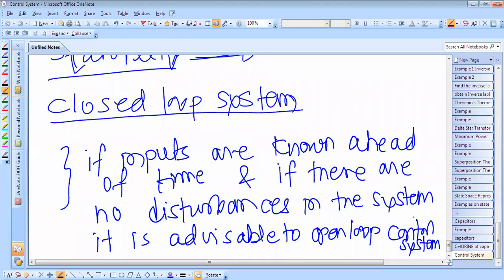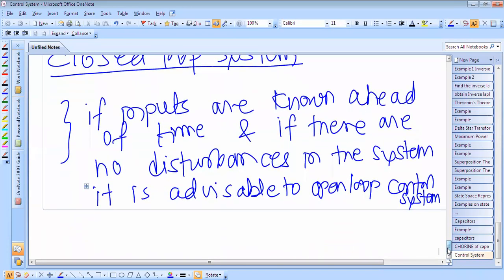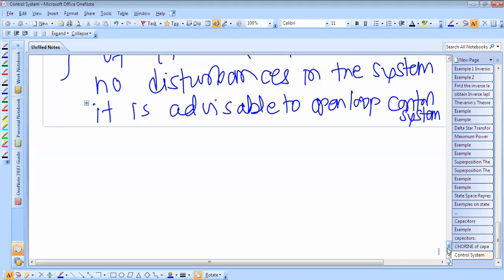But if you do not know the input ahead of time, meaning we don't know what type of input we are giving to the system, and if there are disturbances in the system, then we have to use the closed loop control system, and there is no option to this. We have to go for the closed loop control system.